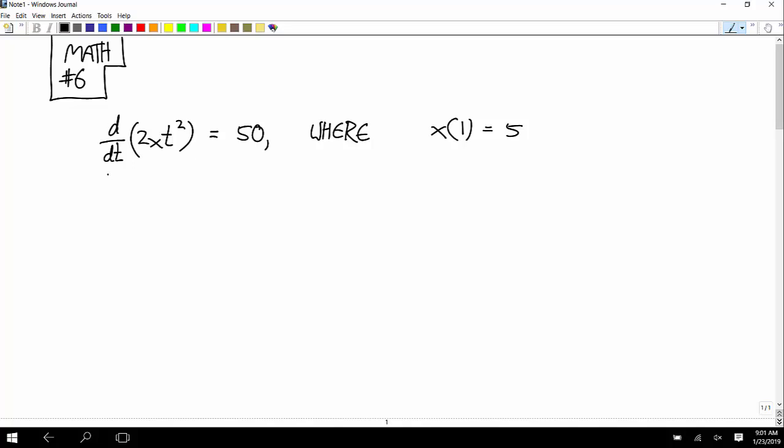So we have two functions of time. We know x is a function of time, and t squared is a function of time. So you have to use the product rule for that derivative.